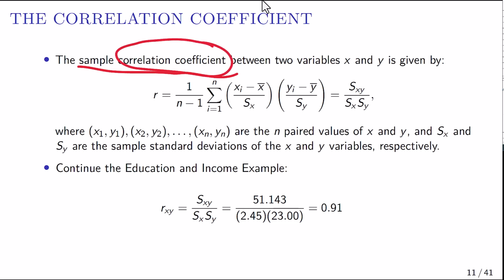You can see for the correlation coefficient, we still put the covariance on the top, but on the bottom, we have the standard deviation of x and y.